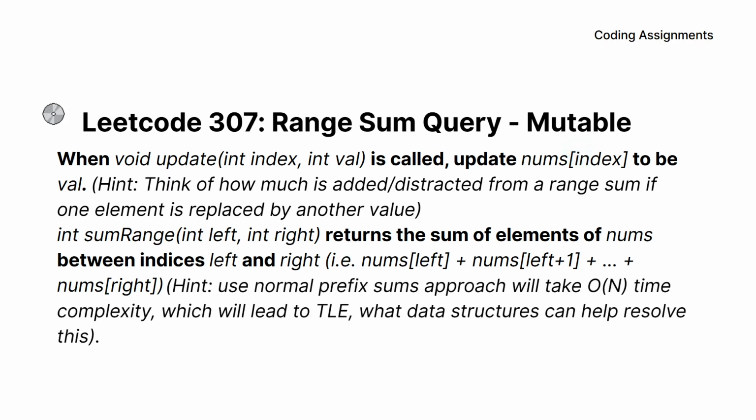Think of how much is added or subtracted from a range sum if one element is replaced by another value. The second hint is, if we use the normal prefix sums approach, it will take O(n) complexity, which will lead to exceeding time limits. So what data structures can help resolve this?